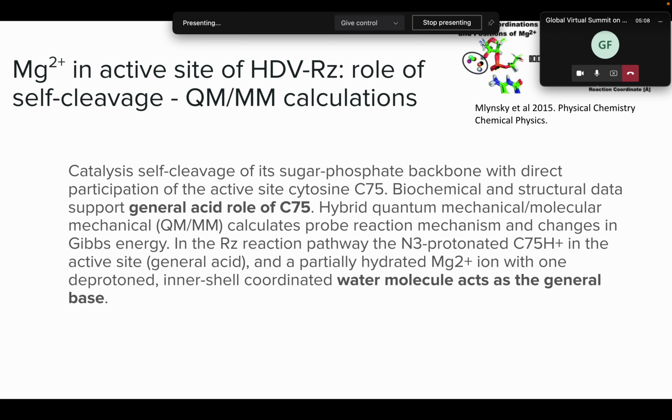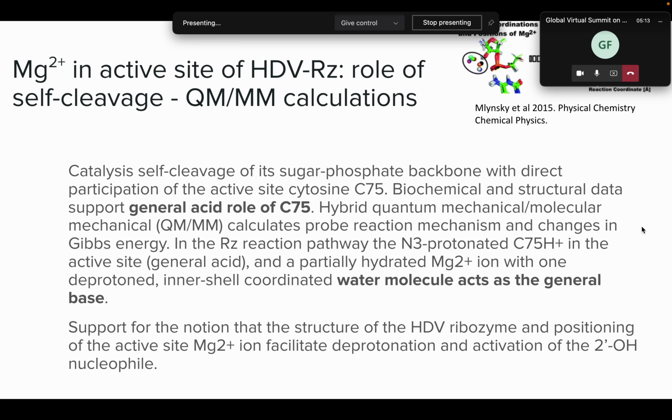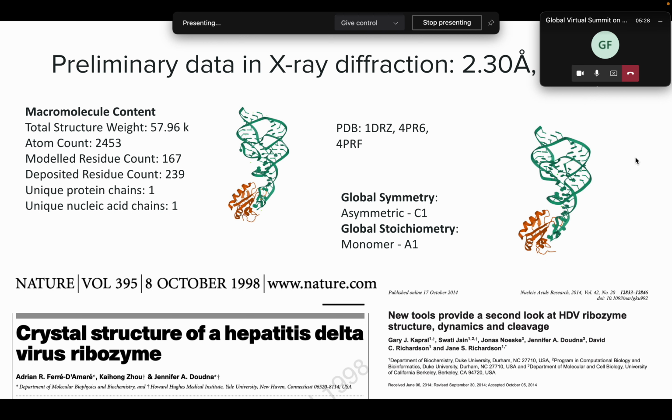So the inner shell coordinated water molecule acts as the general base. This supported the notion that the structure of the HDV ribozyme and positioning of the active site magnesium ion facilitated a deprotonation and then activation of that 2' hydroxyl nucleophile that I showed earlier.